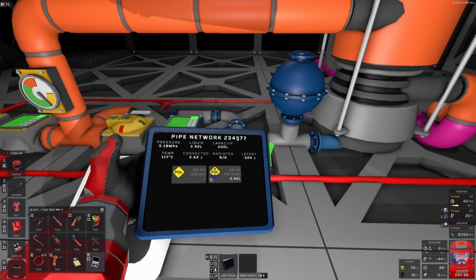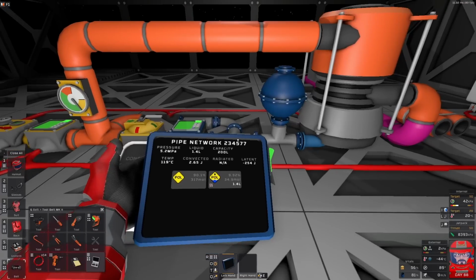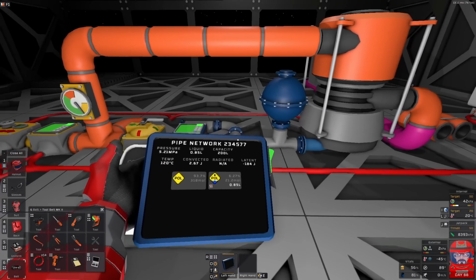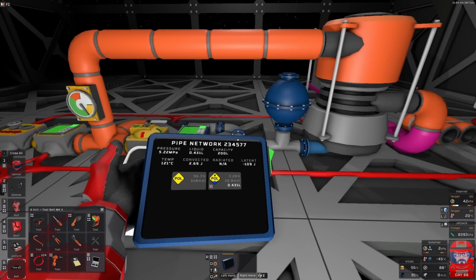Yeah, it's not getting to the explodey point. It's all right. 118 degrees, 119, so 150 is the maximum we can get it there. If that goes up above 150 degrees, we're just going to flash the whole lot and it'll not be good.